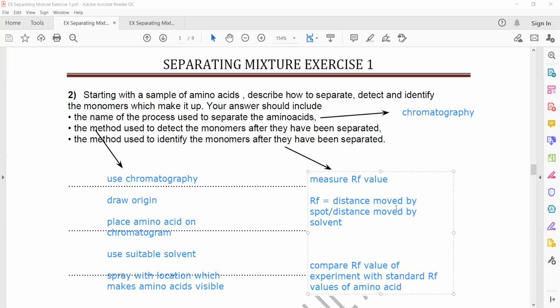So basically you will measure the Rf value and compare it with a standard Rf value to identify which amino acid is present. Is it clear?